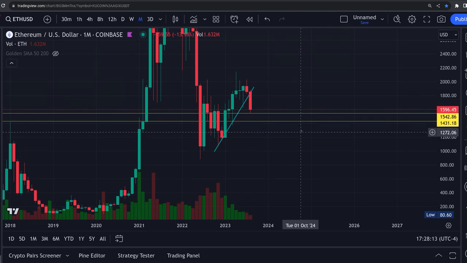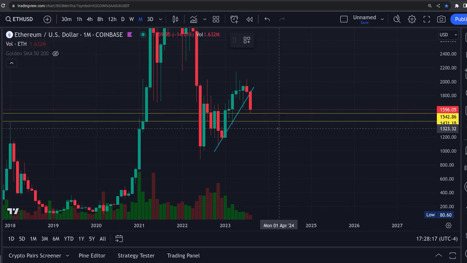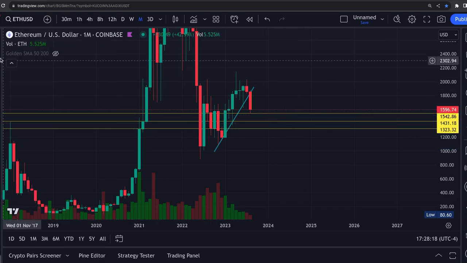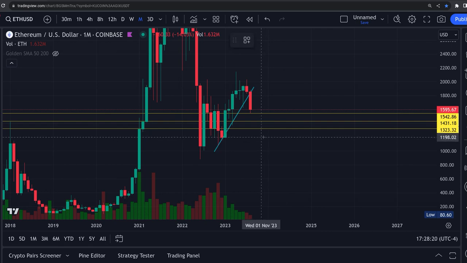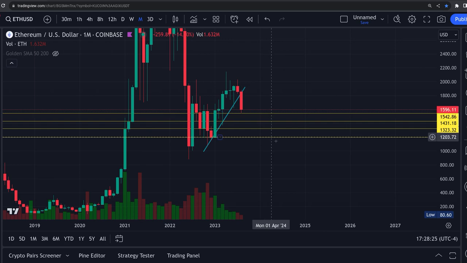Because then I can put a couple lines here as far as price targets if stuff starts to fall apart. You got price action right through that. That's your next zones. If you lose this zone, then you're looking at 1430. Then you're looking at 1323. Then you're looking at $1,200 ETH.